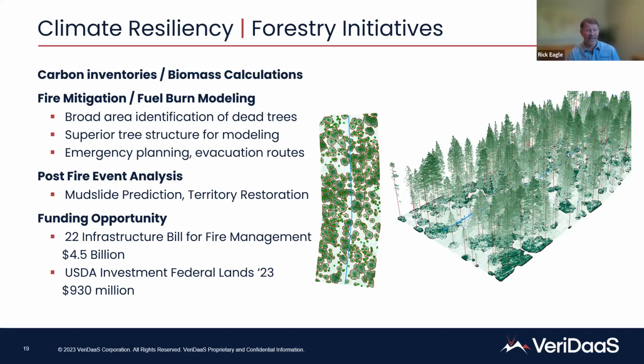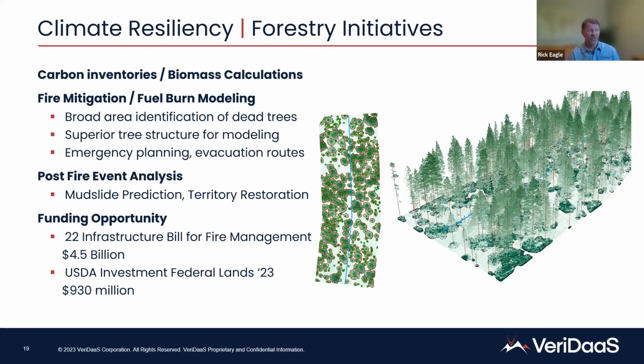When we get this kind of level of detail, we can get much more accurate fuel burn calculation studies. It also helps with things like planning evacuation routes and other things.